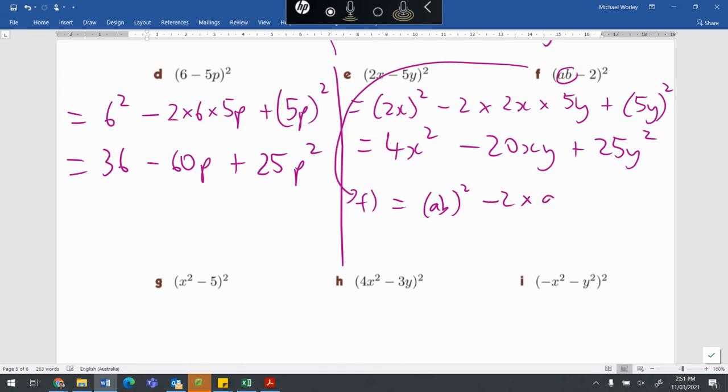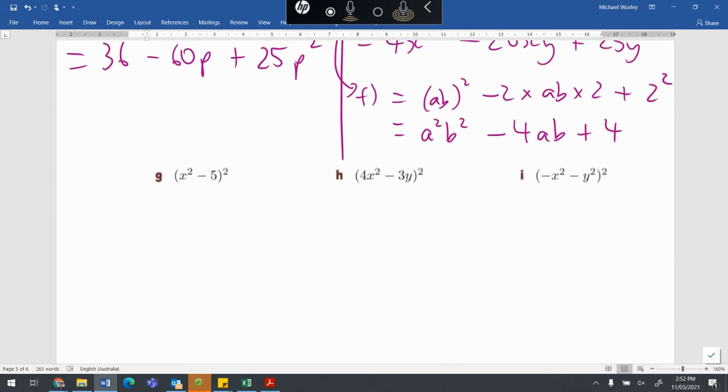Take 2 times ab times 2 plus 2 squared. So we're going to have a squared b squared, take 4ab plus 4. Now these are not like terms, so there's no need to simplify anything there because they're not like terms. Why aren't they like terms? Because their powers are different.